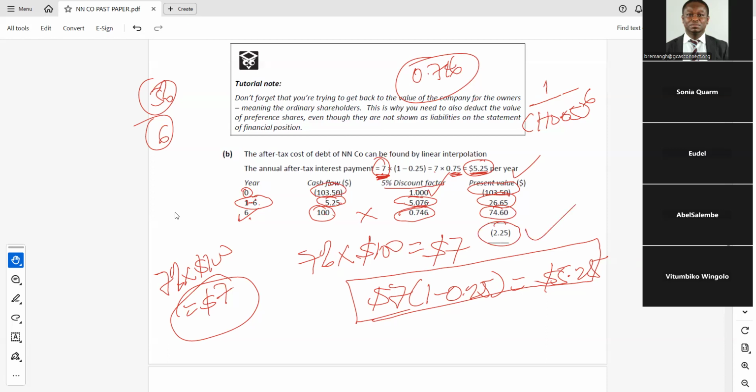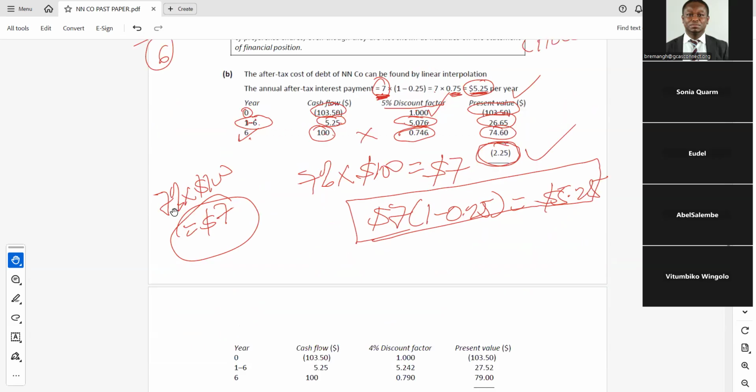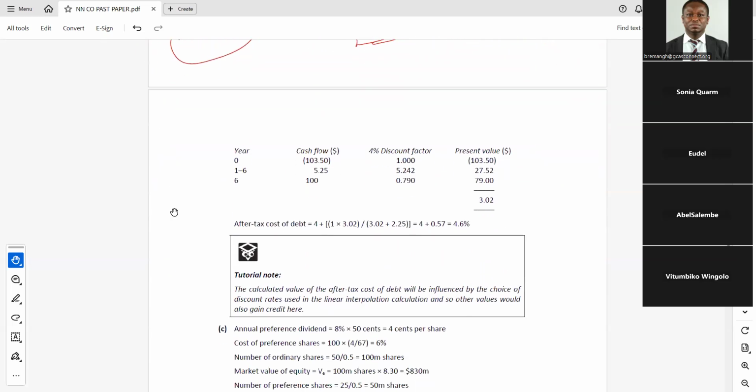Now, because we are using internal rate of return formula, we need two NPVs. So we have the first NPV to be negative 2.25. We need another. Now, because 5% gave us a negative figure, if we want to get a positive figure, we need to what? Reduce the discount factor. So the same cash flows, instead of using 5%, this time around, we are going to use 4%.